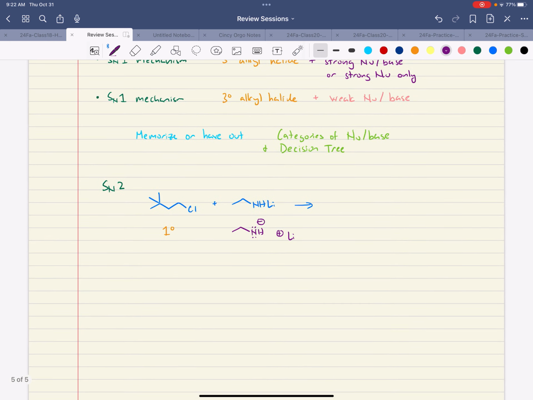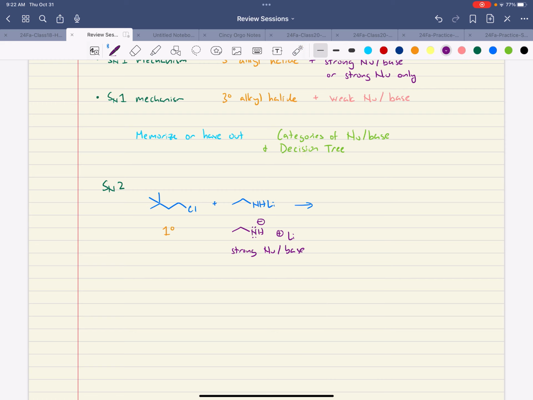And if you look at your categories of nucleophile and bases, this is a strong nucleophile, strong base. Get in the habit of figuring out the type of alkyl halide and the type of nucleophile or base, and then go to the decision tree to figure out what the mechanism is.